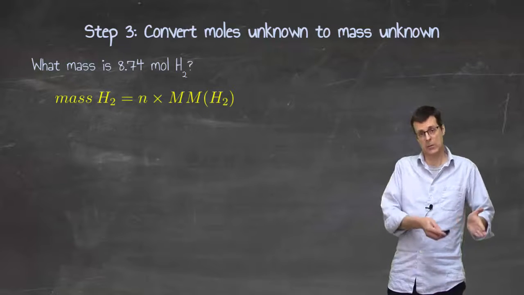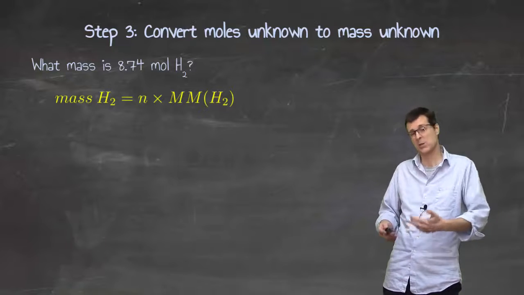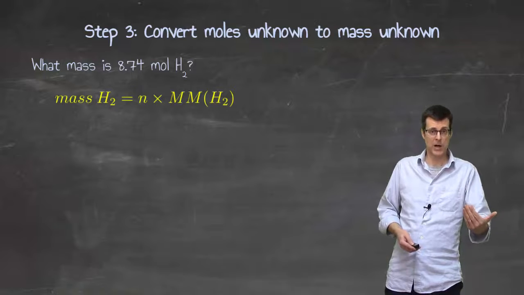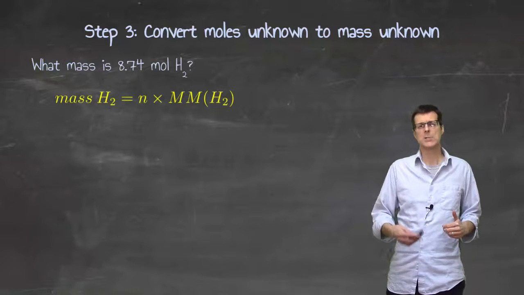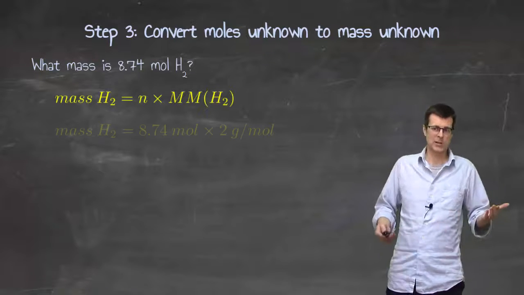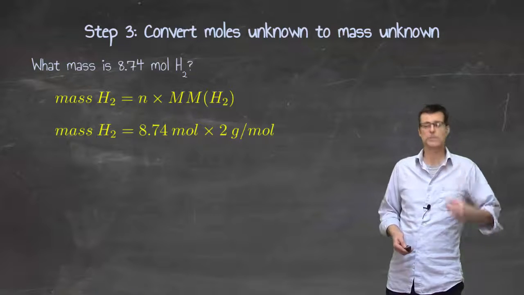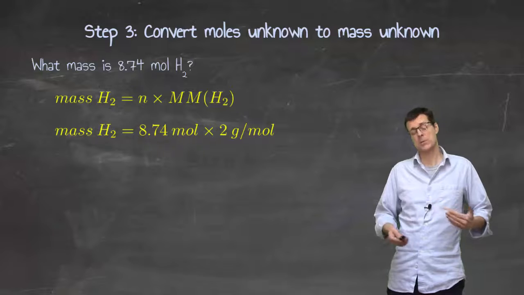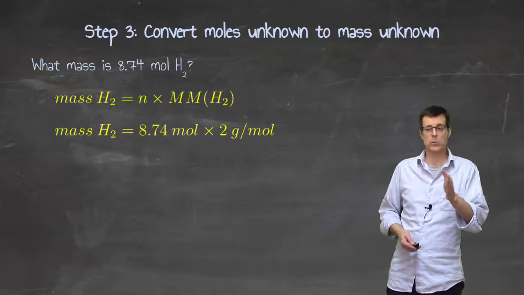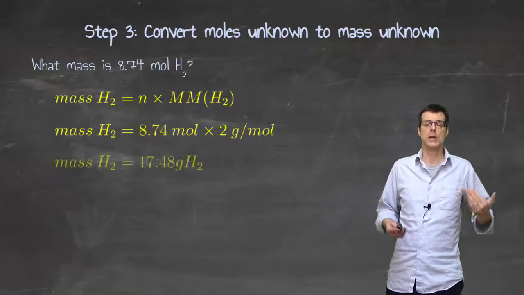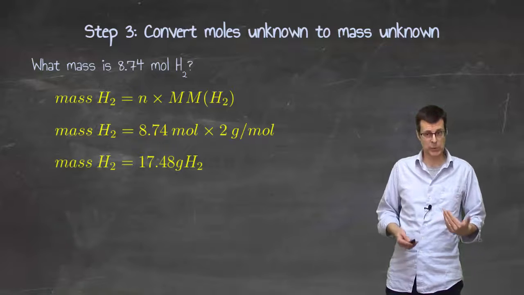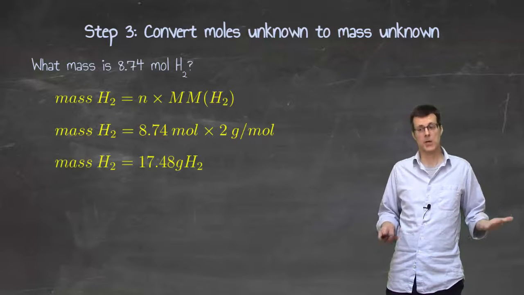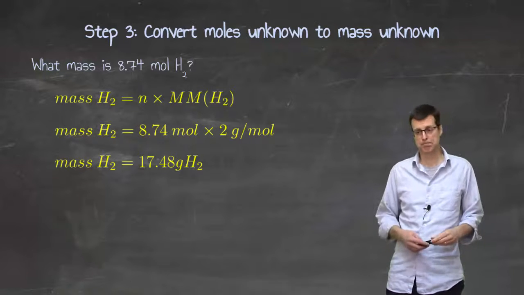I use number of moles times the molar mass. In this case, it's going to be the number of moles of hydrogen, which I just figured out, times the molar mass of hydrogen, which I'm going to have to figure out, but it's 2. So number of moles times molar mass is 8.74 moles times 2 grams per mole, and that's going to give me 17.48 grams of hydrogen. Pretty easy.